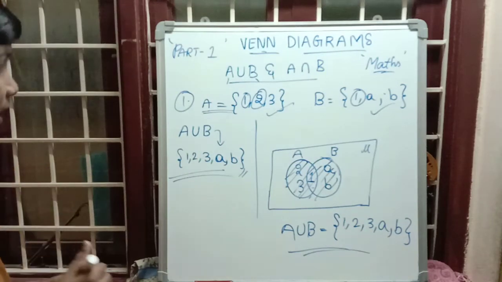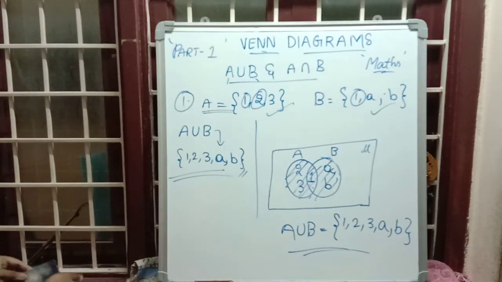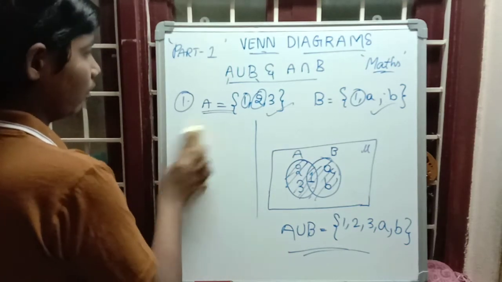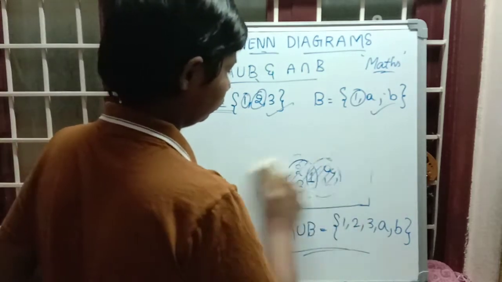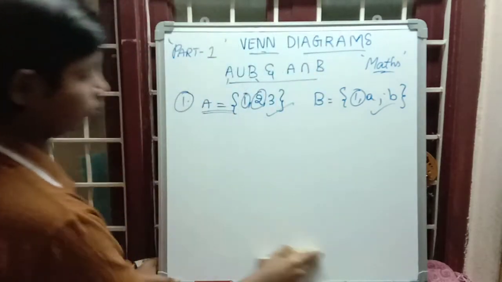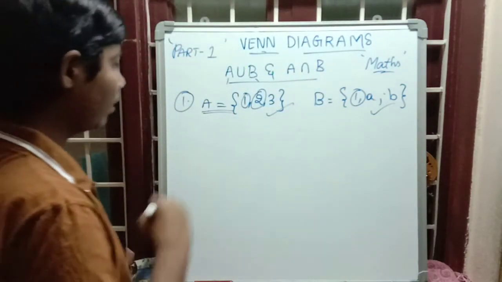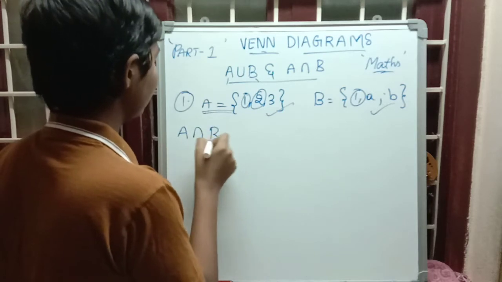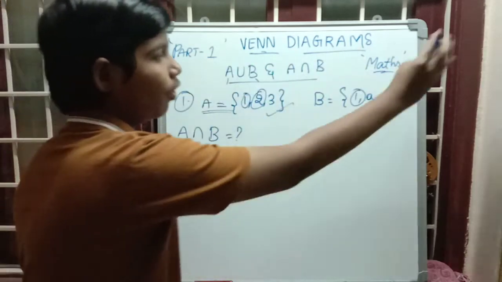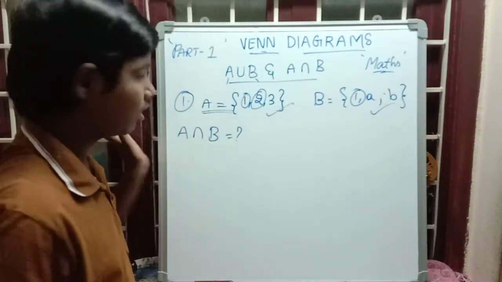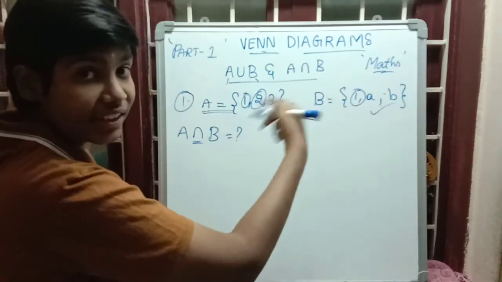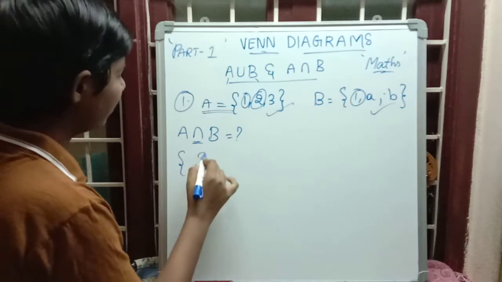Okay, now we will discuss A intersection B. Same example, A intersection B we will do. Intersection means, where union is combining all the elements, intersection means only the common elements we take in set A and set B. Common elements we will write in the set.